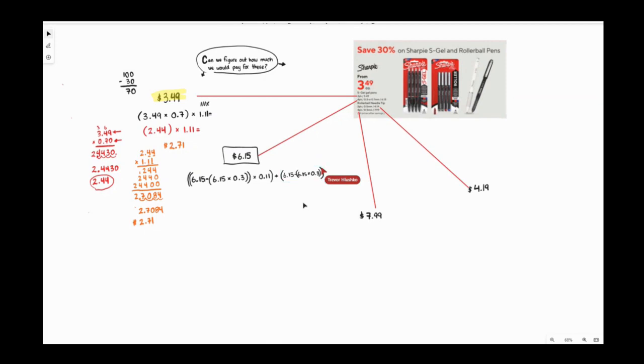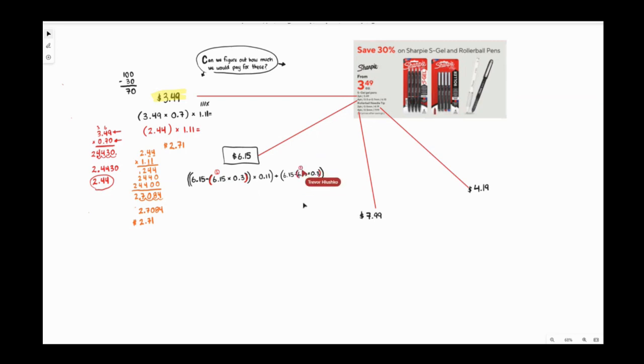Okay. It looks a little intimidating at first, at least to me, it would. But you do the innermost brackets first. And these are the same thing.